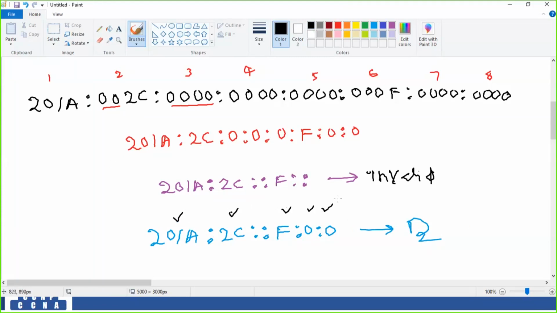How many are missing? 3. Then the device automatically understands that in the double colon, the remaining fields are zeros. How many remaining? 3 fields. So 3 fields are zeros. The device will understand automatically. The device can be any device: a PC, a router, a firewall, any device. Clear?